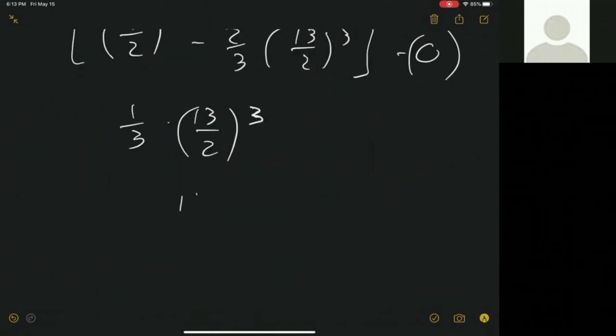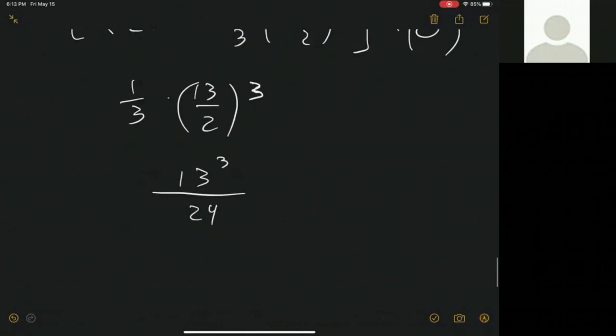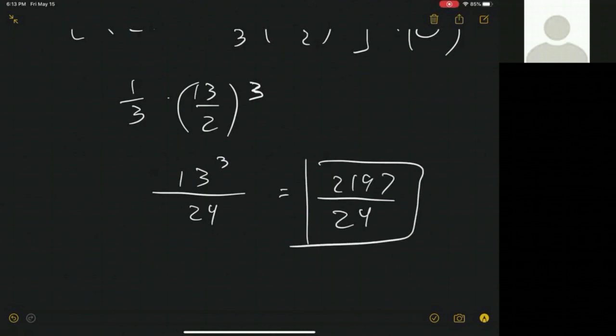So I have 13 cubed over 24. What's 13 cubed? 2197. So that should be my final answer.